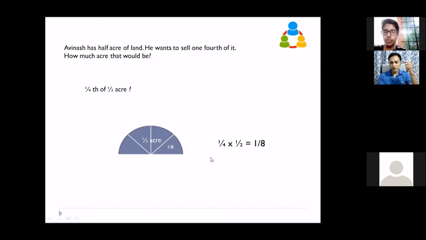You understand? So why when you multiply two fractions you are able to directly multiply is because of this. Because when you tell 1/4 of half, actually what you are doing is you are making the whole pie into 8 pieces. That is why this 4 into 2, 8 you are getting. Right? Get it? All of you?